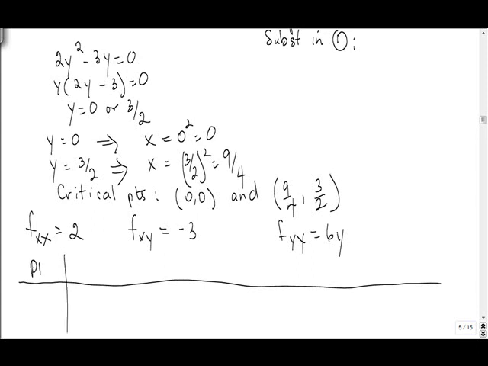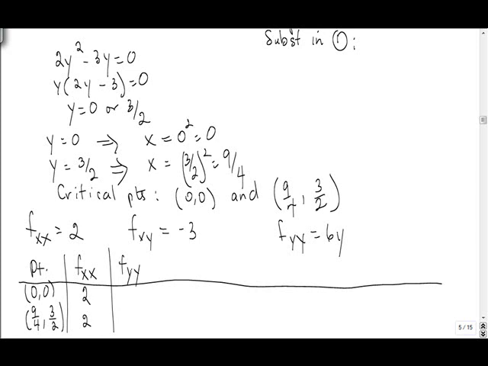So put your points here, the 2 points, 0, 0, 9/4, 3/2. Then the first column, put fxx and put the value. It's 2 we got, so put 2 and 2, right? Then you can put fxy. Let me put fyy because these are the 2 that we have to multiply together.